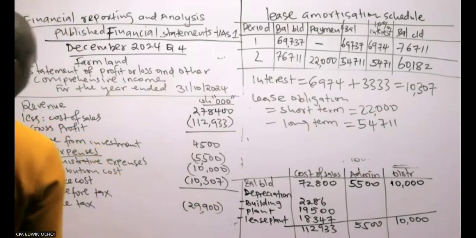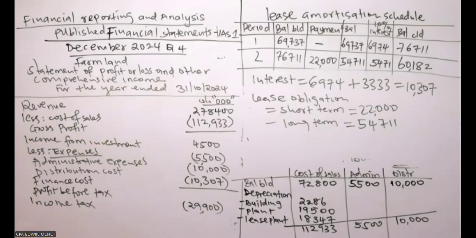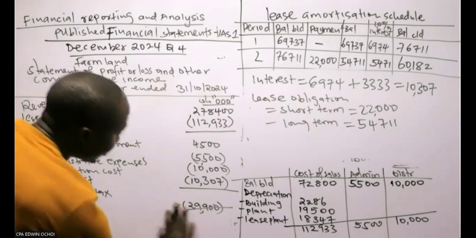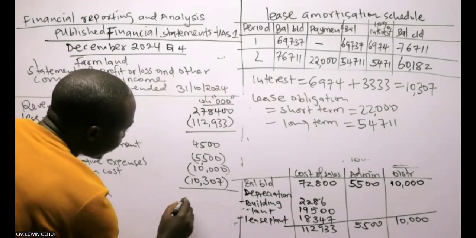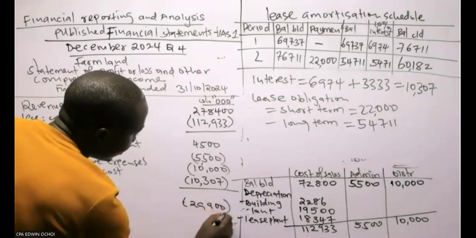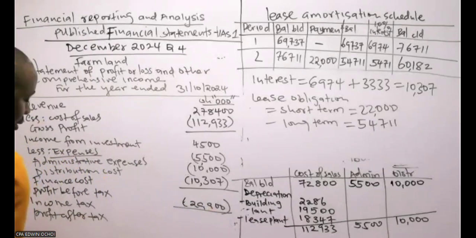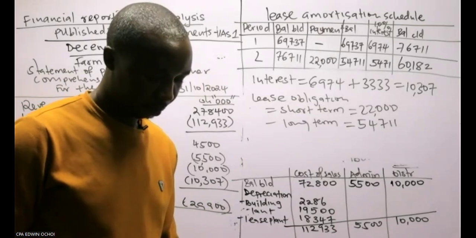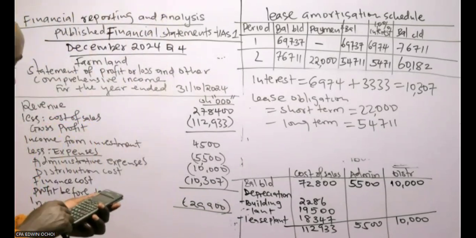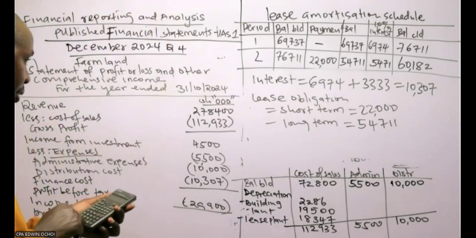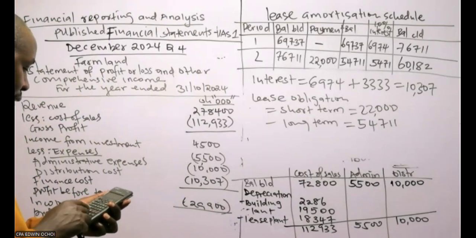Remember, we considered the current tax and the deferred tax. So that we have the profit after tax. So 278,400 minus 112,933.